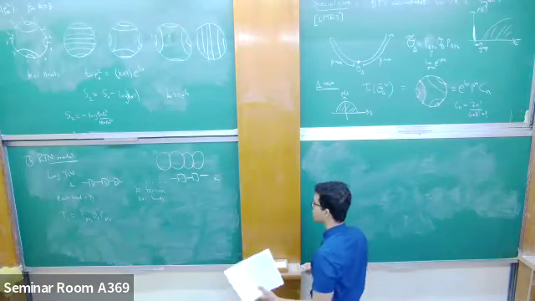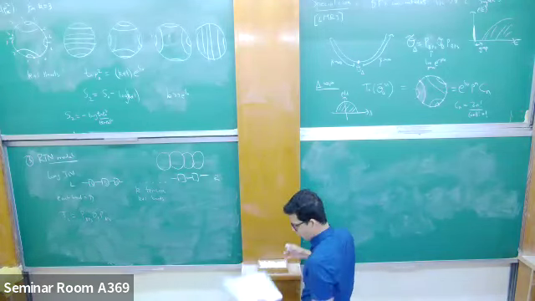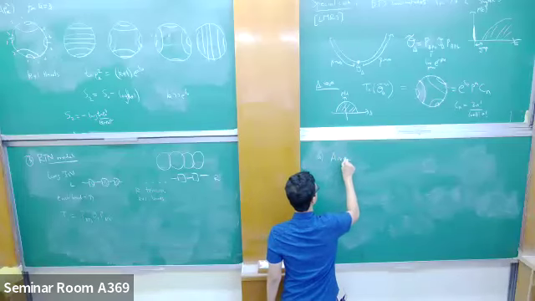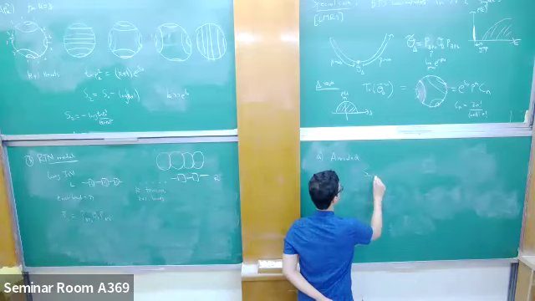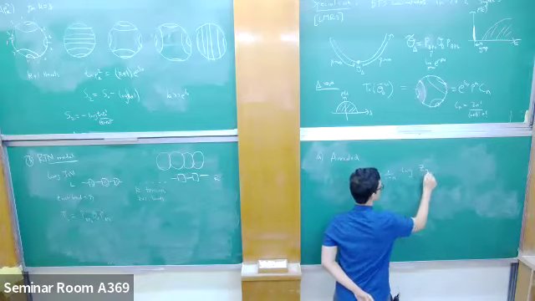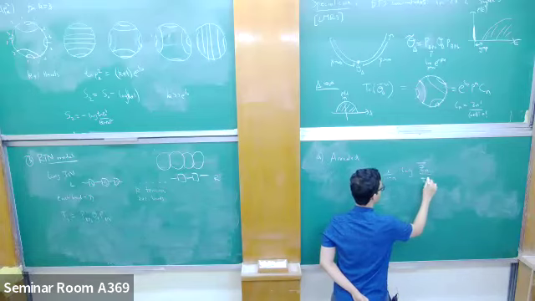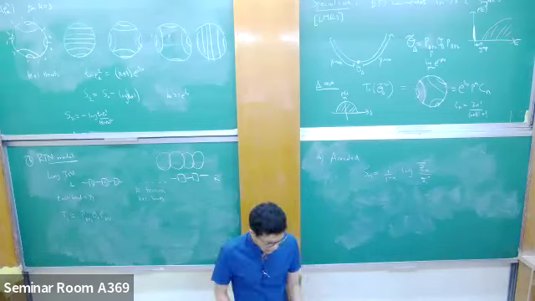Okay, so since we're computing averages, we should be careful about which quantity we're computing. So there's 4 options we have essentially. The first quantity we can compute is the annealed Renyi entropy. This basically means computing the average of Zn divided by the average of Z1 to the power of n.